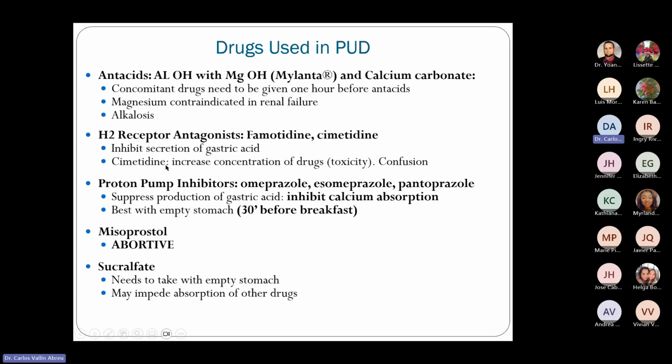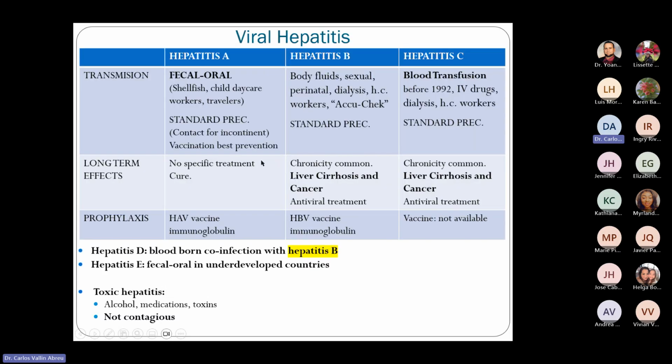Cimetidine is a very old H2 receptor antagonist that could do the same as grapefruit juice. It can inhibit the metabolization of drugs that we may be taking, like amiodarone or statins, and make those drugs more toxic. It is the most important thing of the pharmacology of cimetidine to have in mind.